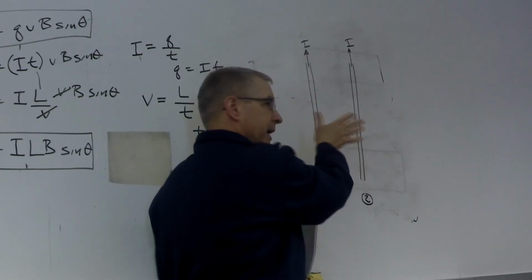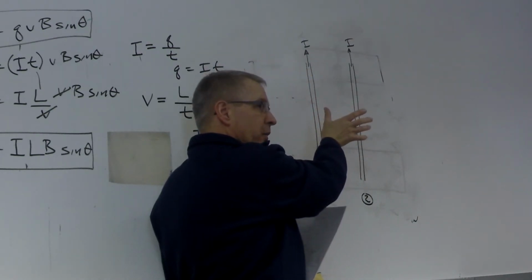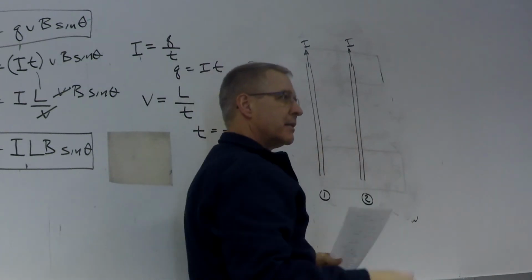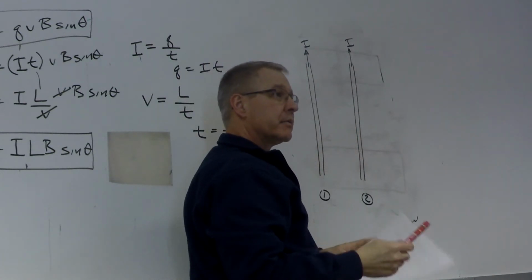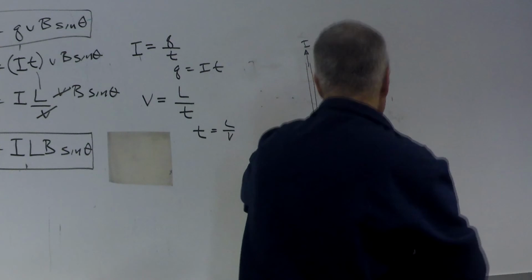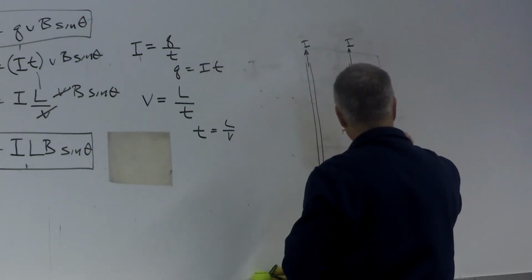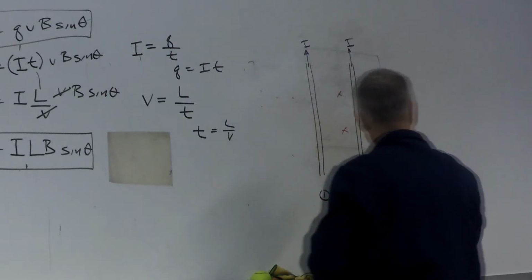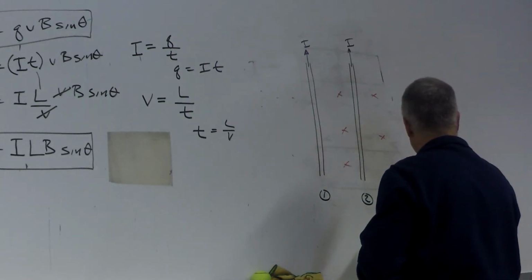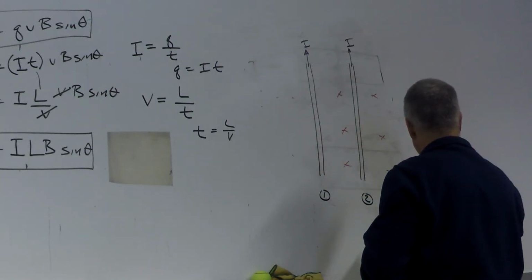So grab it with your right hand, thumb that way. What are your fingers doing on this side? Poking into the board, right? So this is the magnetic field over on this side set up by wire 1.